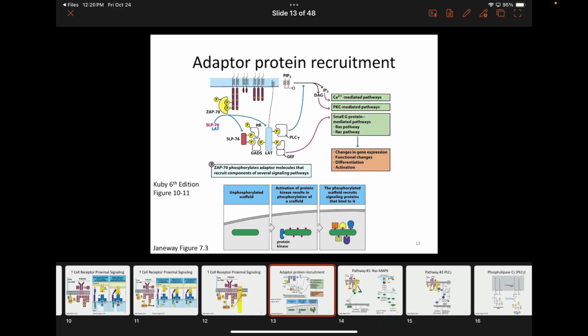And as you can see in either of these images, our adapter protein is bringing in a lot of stuff. We're getting a lot of things binding, and you can see that happening here in all of these cases. And those things that are bound, those things that come in, can lead to different effects.